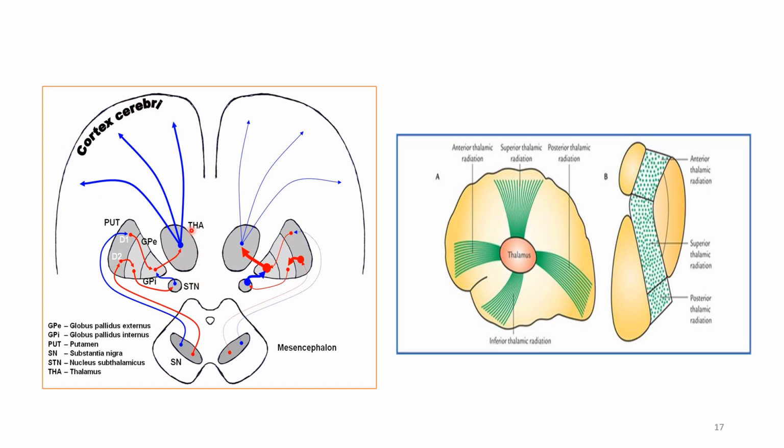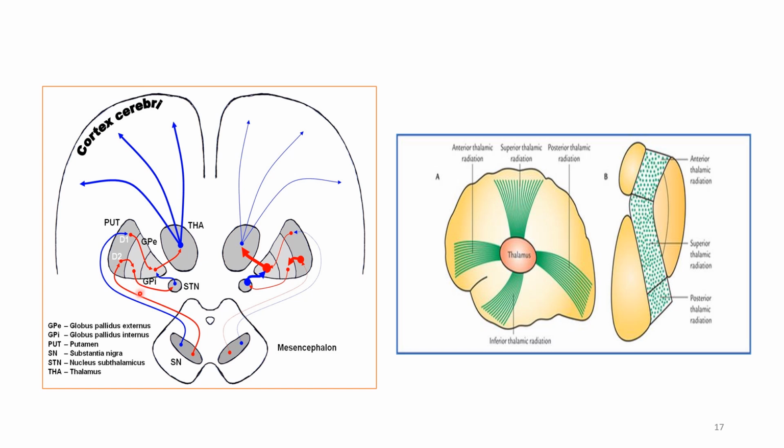So this thalamus will receive inputs from the globus pallidus, directly via globus pallidus internus. Okay, or the putamen will send its impulses directly to globus pallidus internus and to the thalamus, or from the putamen to the globus pallidus externus.